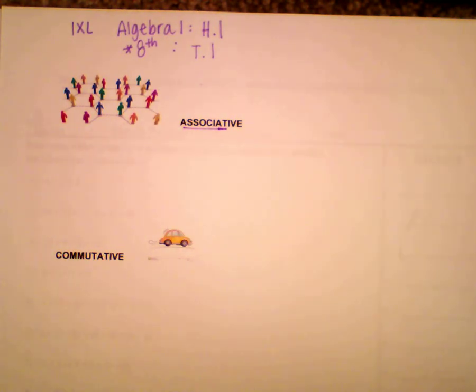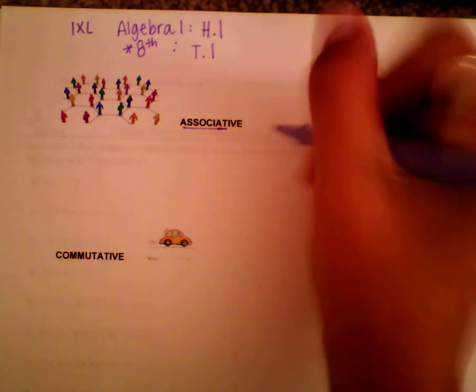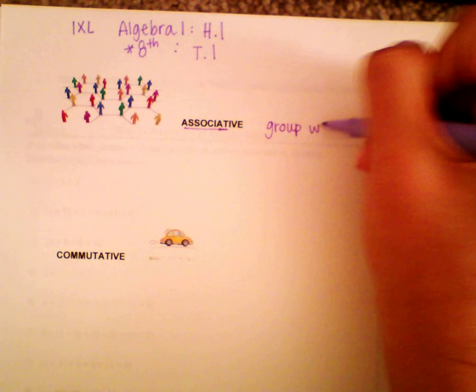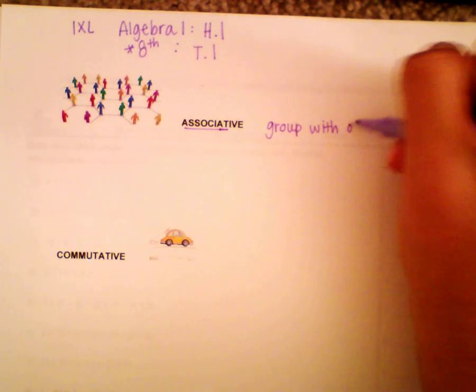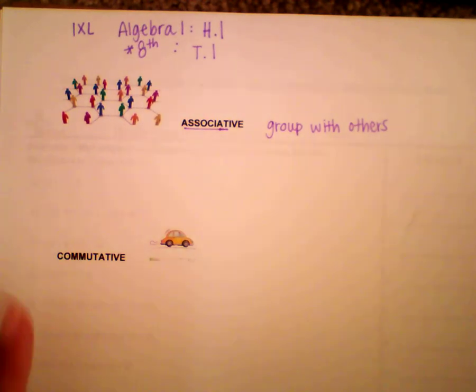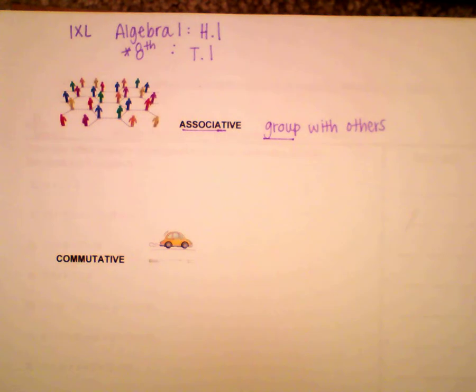So associate means to group with others. So sometimes at work, people associate with one group of coworkers. Other times they associate with another group of coworkers, but their ultimate job is to get the job done. So associative property is just different ways of grouping numbers to get the same results.